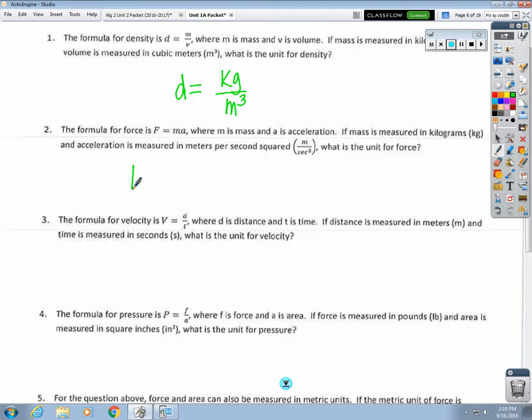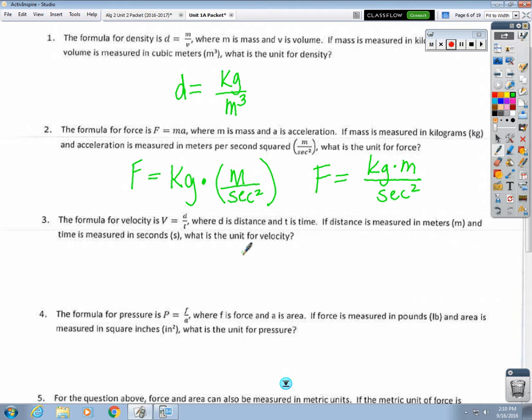For this one it would be force equals, mass is measured in, okay, and then they're touching, so that means times, a is measured in, right. Then they want you to go one step further and write it all together, like kilograms times meters, and then all over second squared.